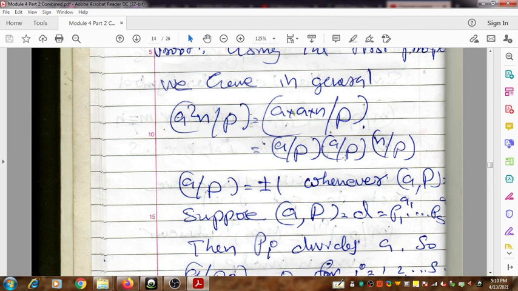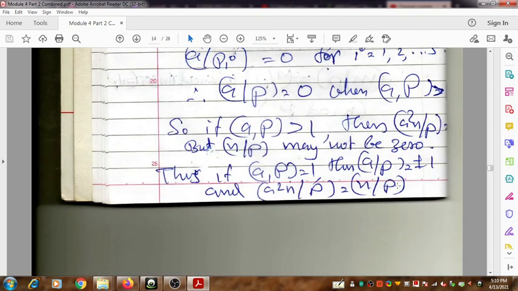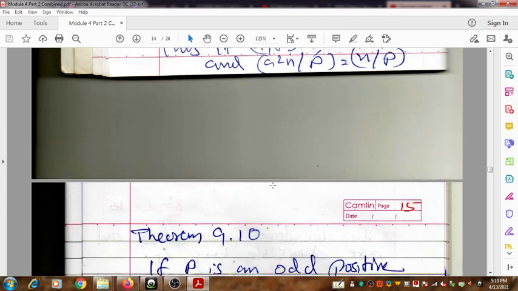Hence the right hand side reduces to the expression n bar p. Irrespective of the value of a bar p, whether it is +1 or -1, since we are considering the square of that quantity, we get 1, and hence the right hand side reduces to n bar p, and therefore a square into n, the whole bar p, is equal to n bar p.